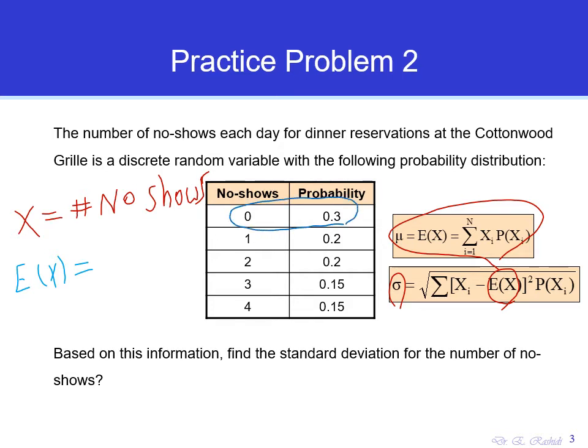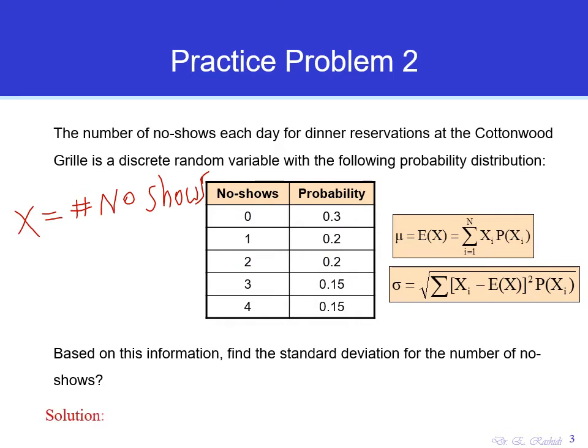That means 0 multiplied by 30%, 1 multiplied by 20%, 2 multiplied by 20%, and so on. After computing the expected value, we can plug it into this formula to compute the standard deviation. So let's go ahead and do that.